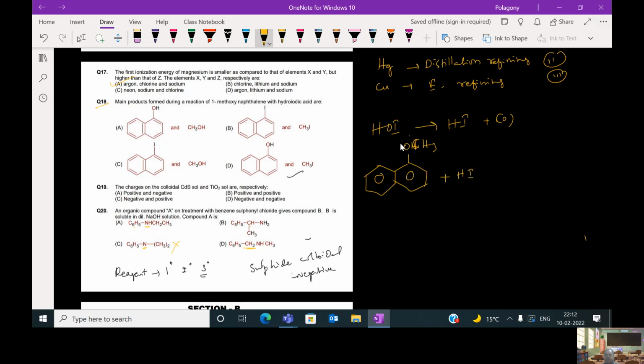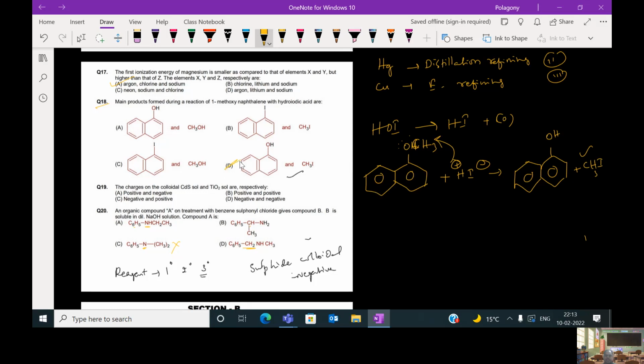The oxygen is protonated. Then the iodide ion attacks the methyl group. H plus goes to oxygen, forming OH plus CH3I. So here is the major product we can get.